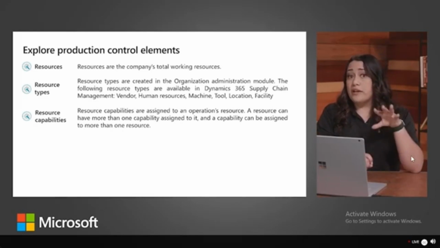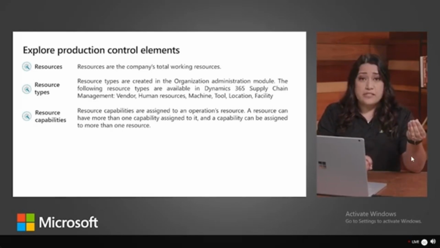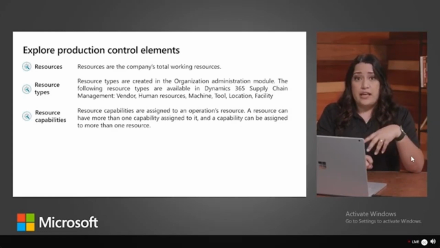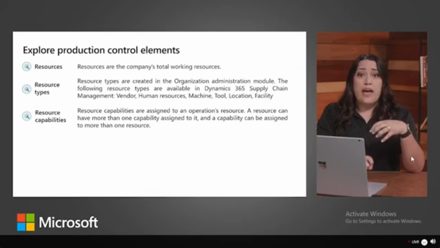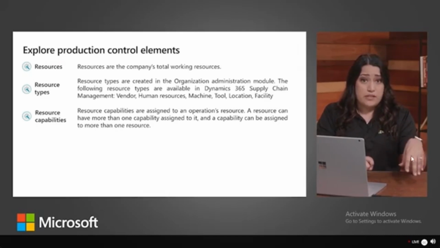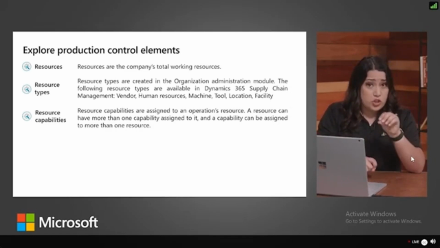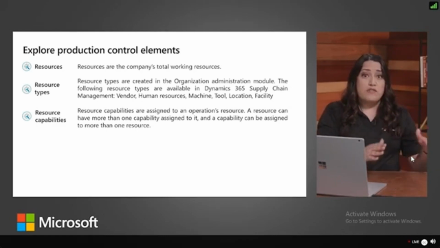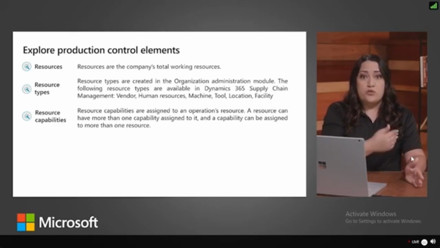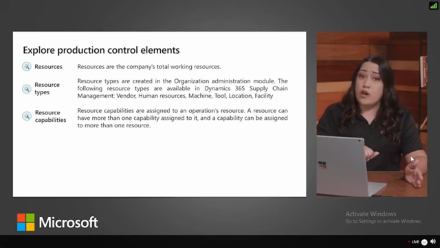When you break down the resources into different types, this can help you manage the utilization and capacity of each. It can help you make sure that you have the right employees on the jobs and the right tools available. And for machines and tools, you can track the utilization to make sure that the best one is being used for the job, and you can track capacity.